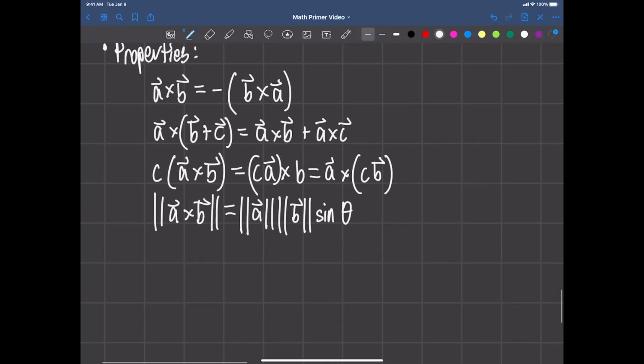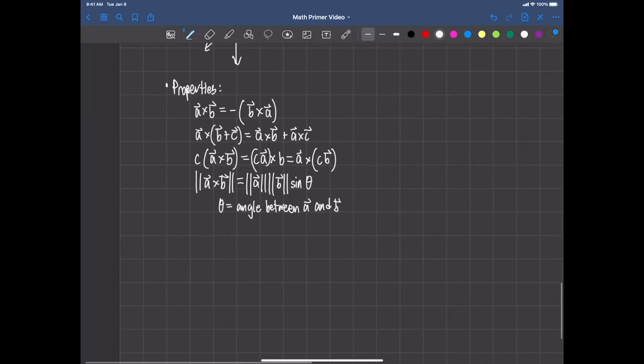So the magnitude of A cross B is the magnitude of A, the magnitude of B, times sine theta, where theta is again the angle between A and B. So here's the mathematical formula for the cross product.